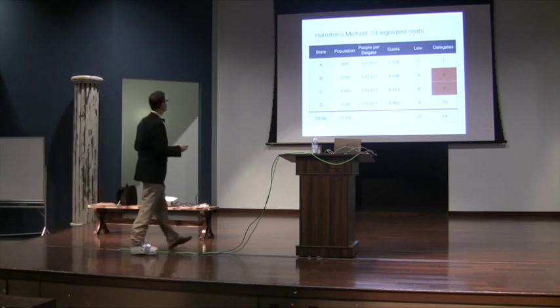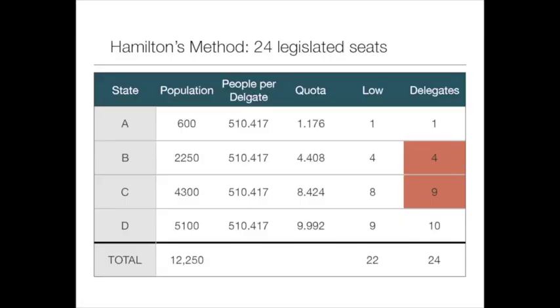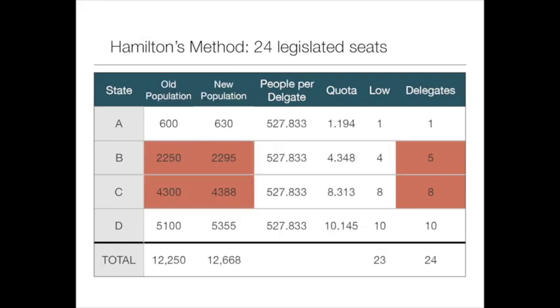So focus a little bit on states B and C. In B and C, we have 4 delegates and 9 delegates. So I'm going to change my population. Now on this slide, I'm going to repeat the old population and the new population. I didn't display all the calculations, but some of it's pretty obvious, right? What happened to state B? It went up, right?